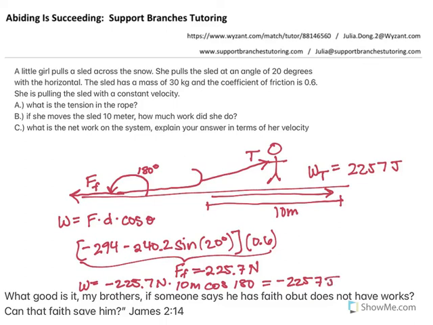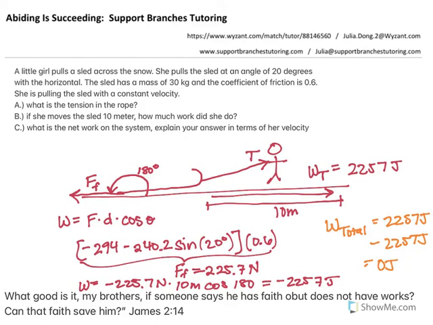So we've got here, if we wanted to calculate the total work, or we could also call that the net work, kind of like we do the net force. We've got a positive 2,257 joules minus 2,257 joules, which equals 0 joules.